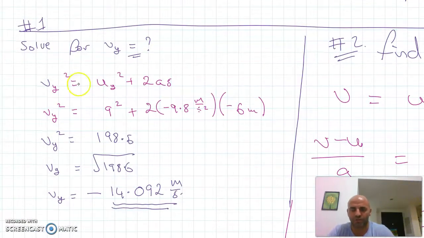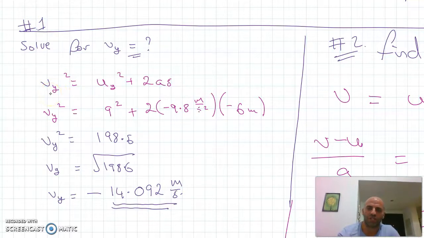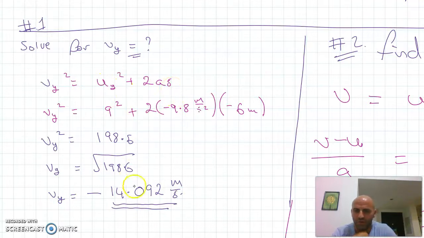We're going to solve for the final velocity in the y direction. I'll use that same formula. The final velocity in the y direction squared is equal to the initial velocity in the y direction squared plus twice the acceleration times the displacement. Plug in your numbers, and you get 198.6. Take the square root of that.